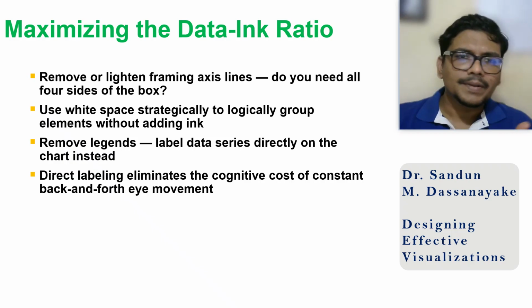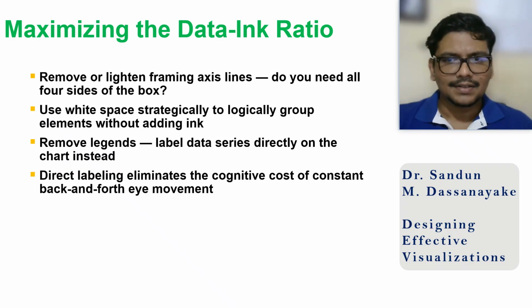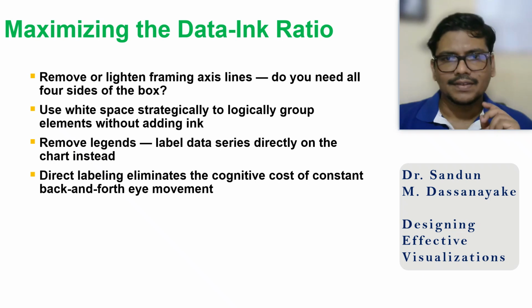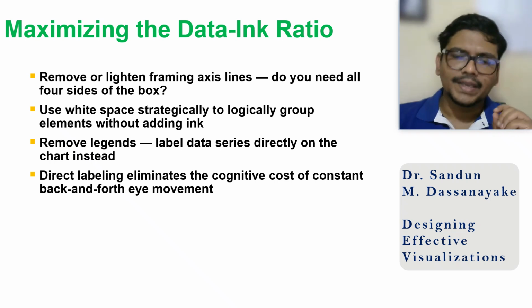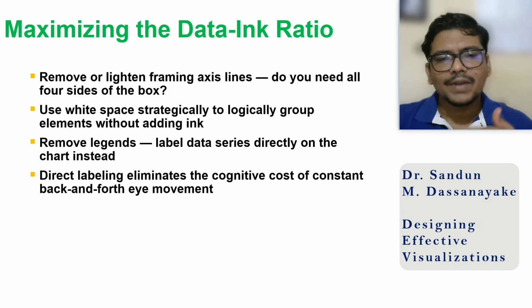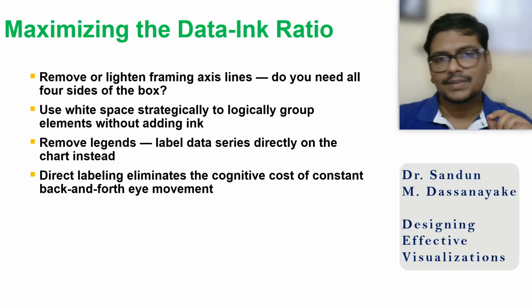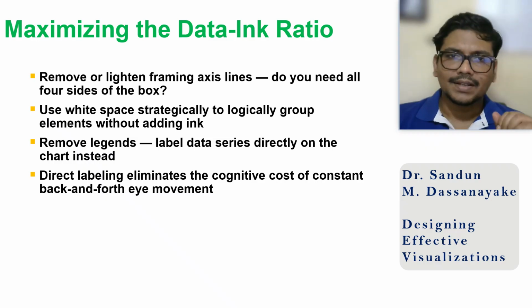Instead of a separate color key, label each data series directly on your chart. This small change reduces eye movement and keeps the viewer focused on the data itself. These simple tweaks help draw attention right where it should be, on the numbers, making your chart both beautiful and easy to understand.